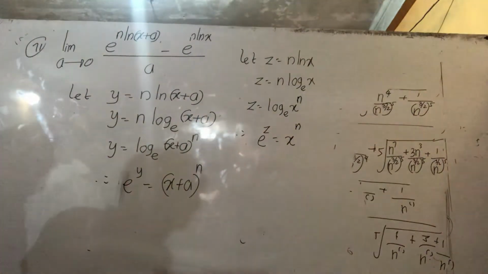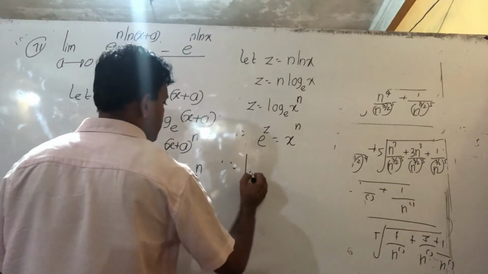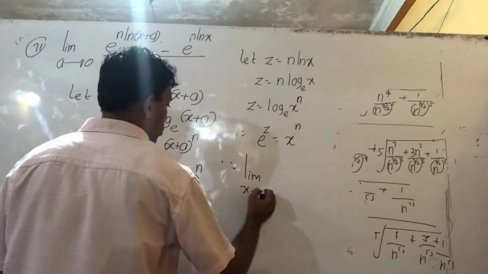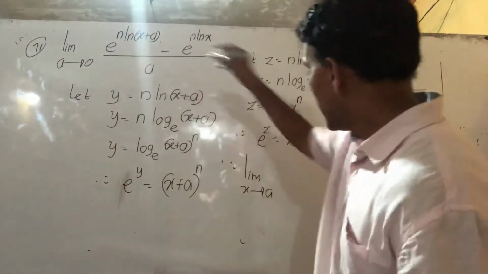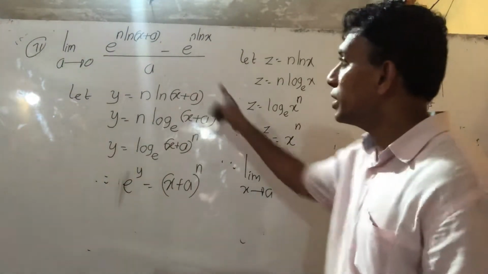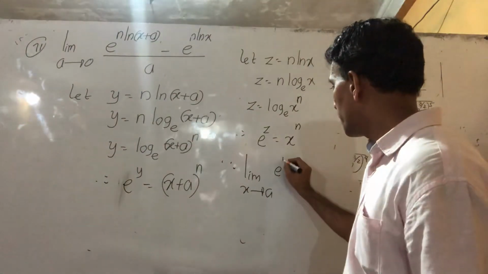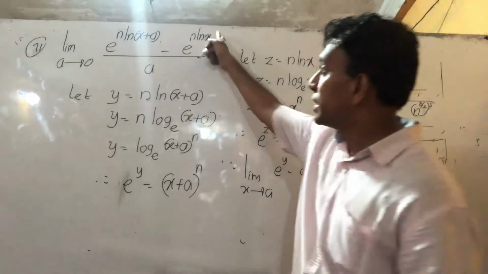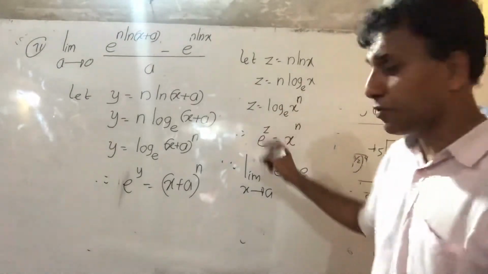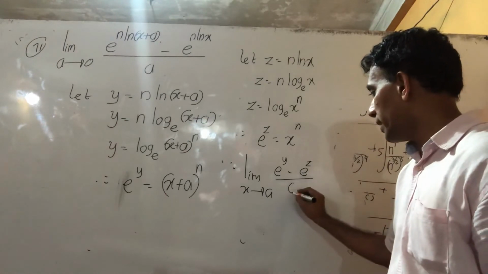Okay, right, now see the question. Therefore, limit x approach to a, e to the power, this I took as y, minus e to the power, this I took as z, right? Over a.